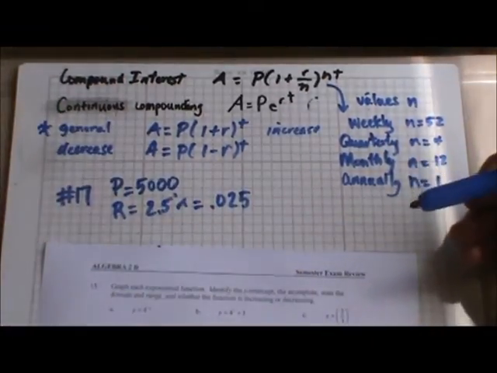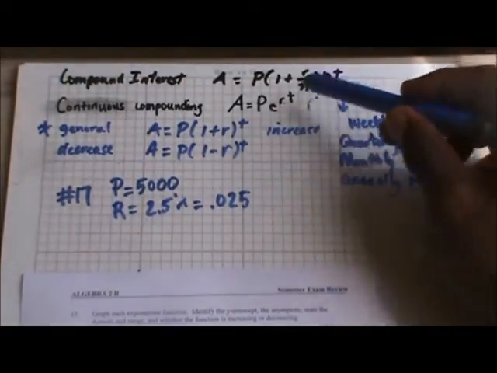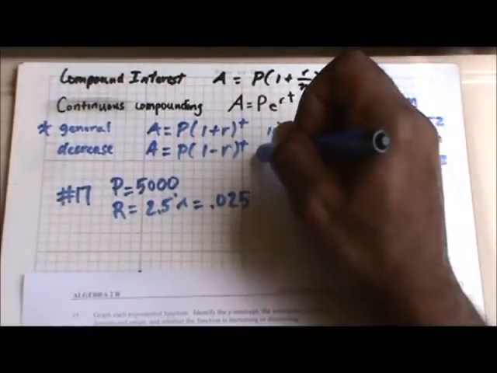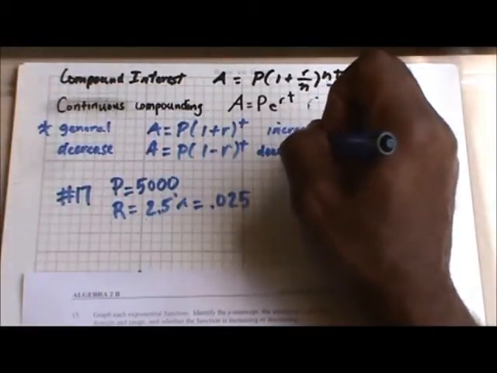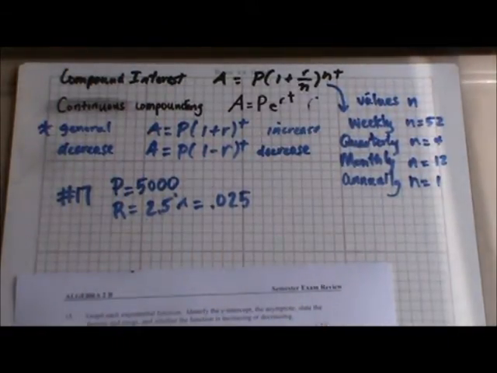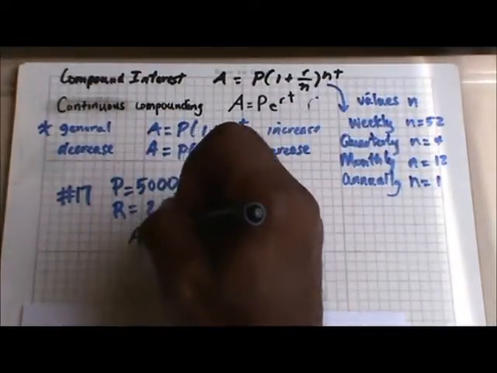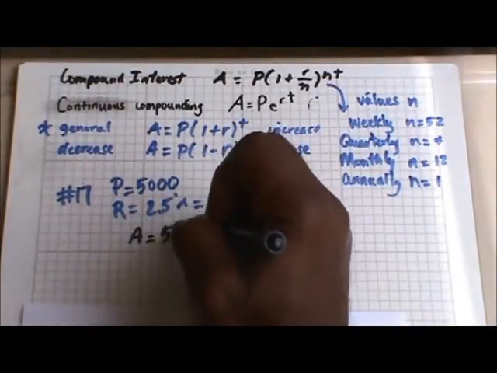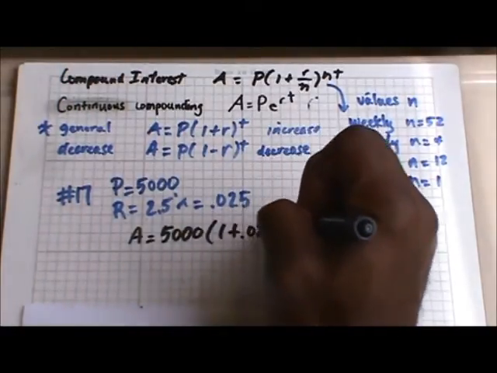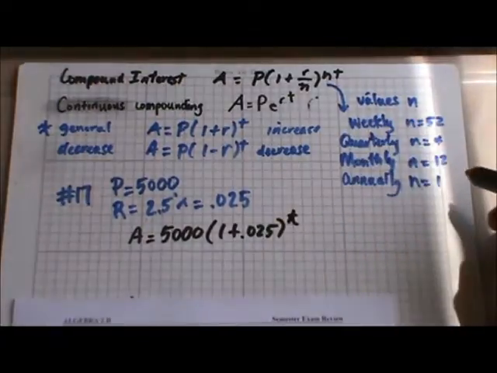It doesn't mention compounding, so n is equal to 1, and we're going to use that general form, the general increase, not, of course, the general decrease. Writing our equation for this problem will yield A equal to 5,000 times 1 plus 0.025 to the t.